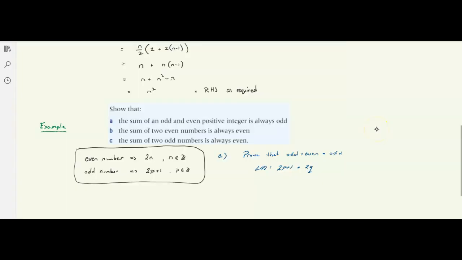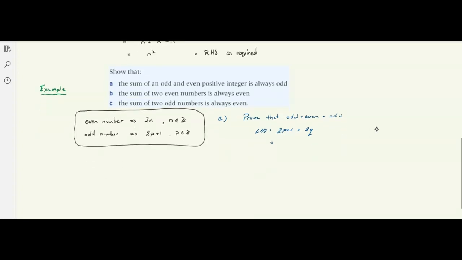Just a note, I could have used any letter here; q just follows p. I want to prove it's odd, so I want to show that it's twice something plus 1. So I can group these to 2(p plus q) plus 1, which is odd.